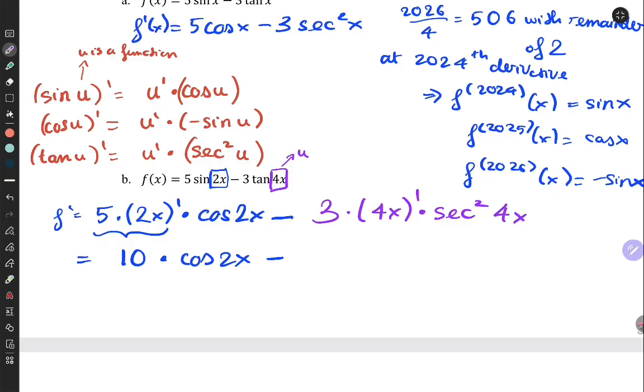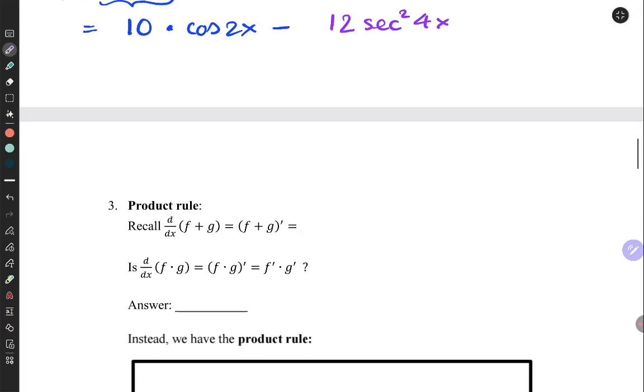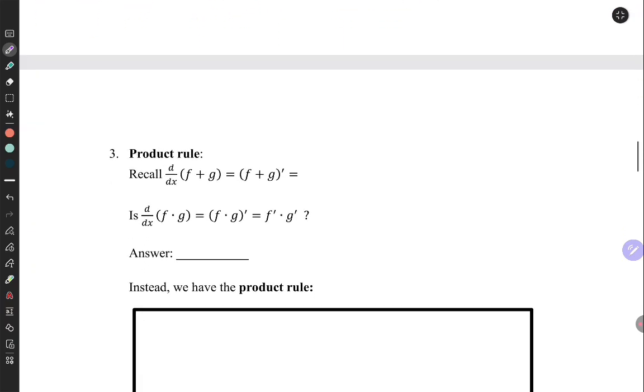Secant squared of 4x. The derivative of 4x is 4, times 3 is 12. Okay, good. We're going to do a lot of examples like this in 2.5. It's called the chain rule. Now, the power rule is done.